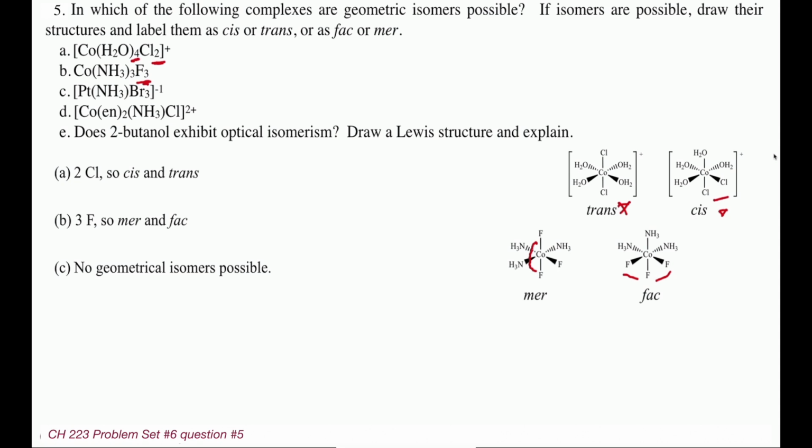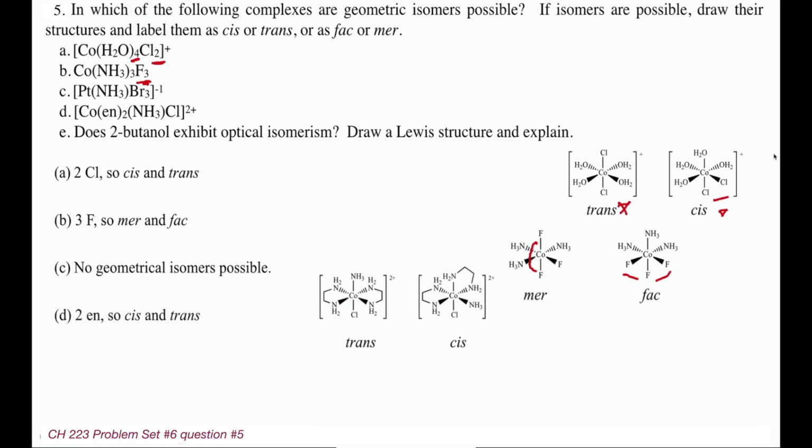And if you think about this long enough, this one actually has cis and trans as well, but it's a little weird. So here are pictures, because a picture is worth 1,000 words. Trans, like I said earlier, means 180 degrees. And notice on the diagram on the left, the ethylene diamines, which have nitrogens there, and they've got kind of a CH2CH2 line drawing to the left and right.